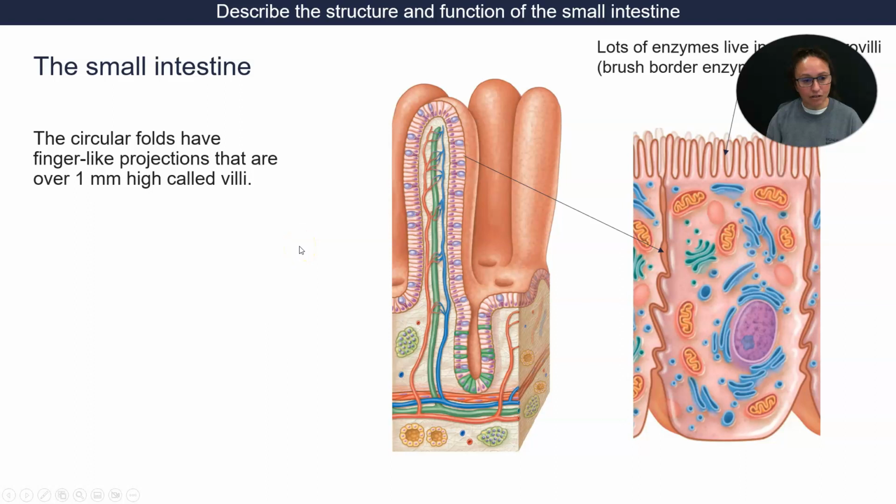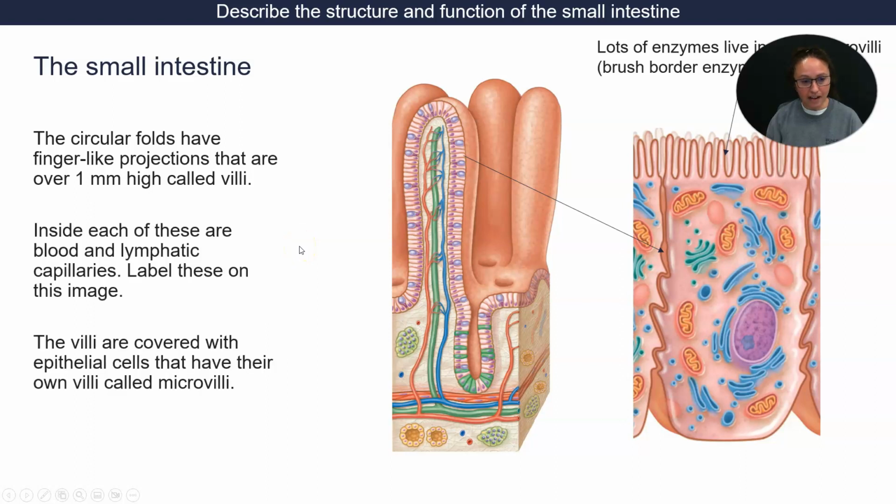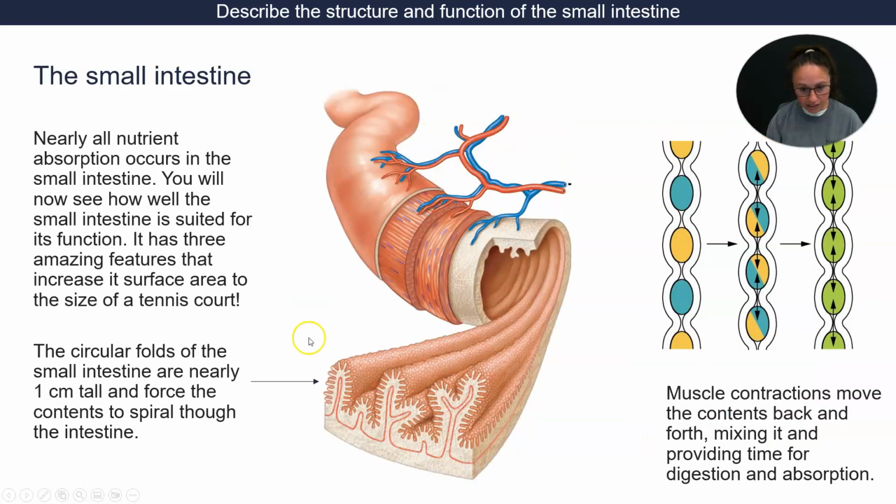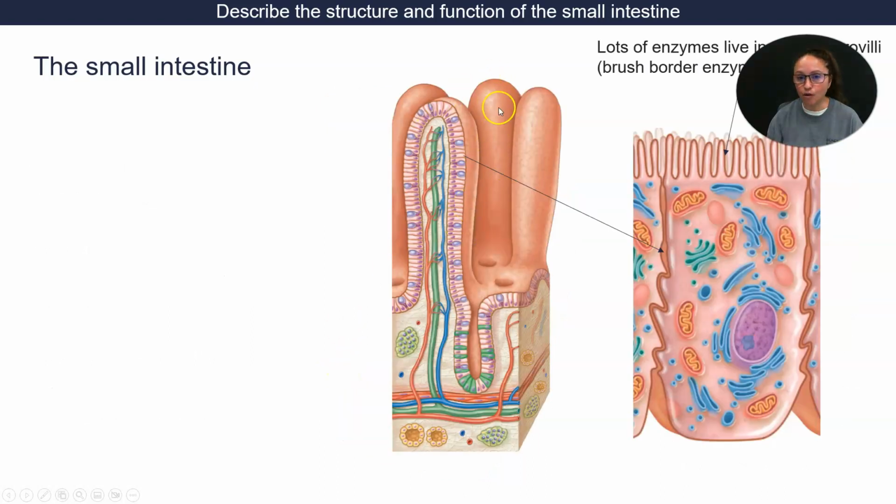Right, let's have a look and see what else it has. Let's go back a step for a second. Each of those folds, see, that's one fold. Those folds have their own folds, which are these things here. So big fold, little fold. Now we're going to look at these little folds.